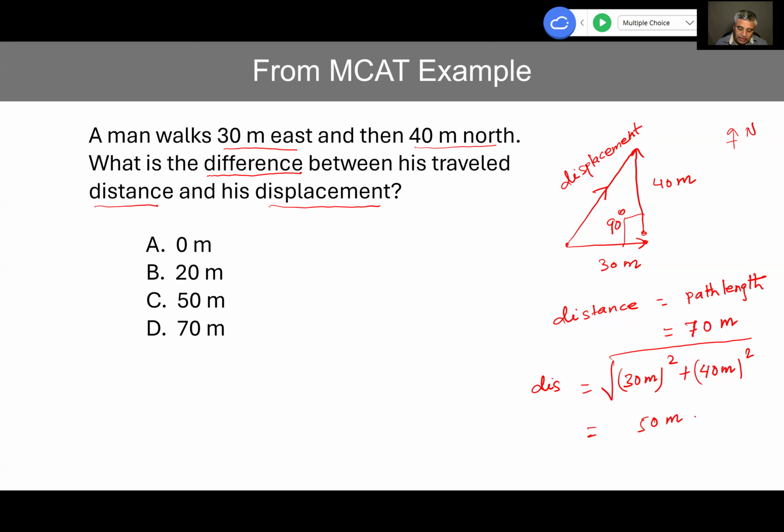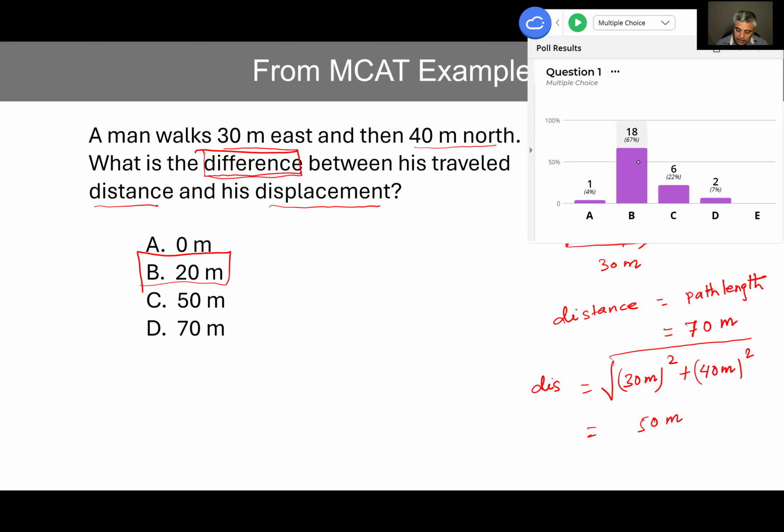Now it's asking us to find the difference. The difference between 70 and 50 is 20 meters, just like most of you identified. Some of you chose C. Most likely that means you just found the displacement, which is 50, but you forgot to find the difference between distance and displacement.